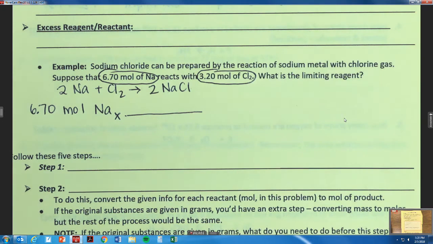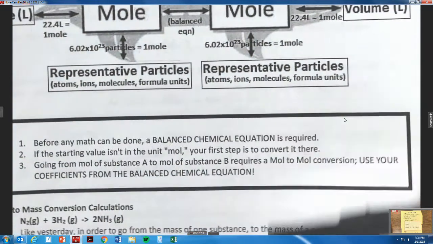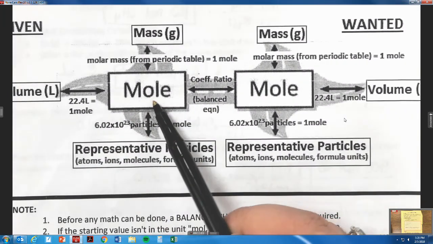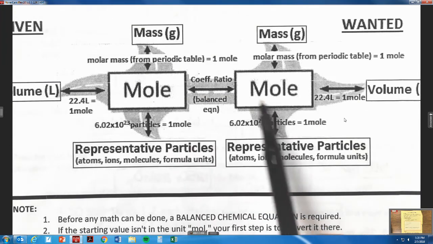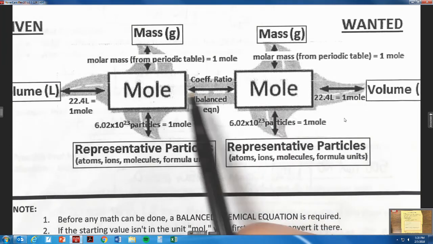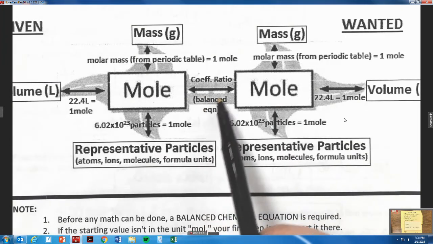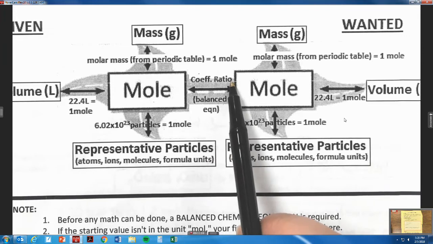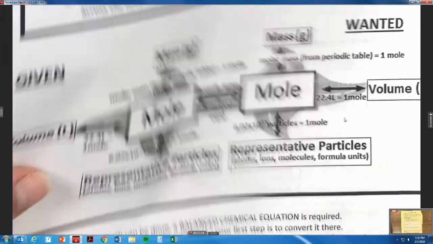If we take a look at our mole map, we're going from moles of one substance to moles of another. Because we're going from moles to moles, we only have one conversion factor, and that's our coefficient ratio from our balanced equation.